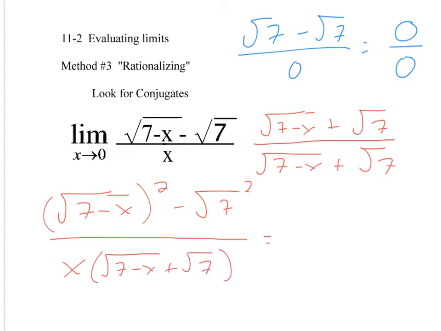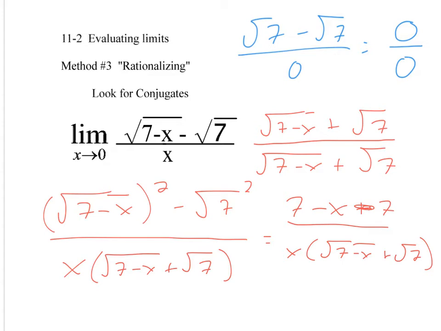So up top, when I square those radicals, I just end up with what's inside the radical. So I'm going to get 7 minus x minus 7 over x times radical 7 minus x plus 7. Up top, you can see now I get 7 minus x minus 7, which is now just negative x.